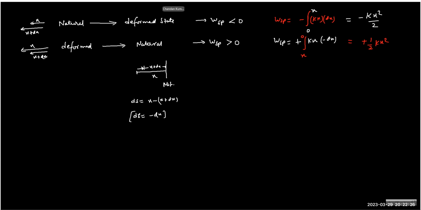Therefore dx is negative. When you write F dx, you write the magnitude, because we are taking the plus minus, so we know the direction. So we are writing the value F into displacement, which is minus dx. So work done by spring is kx squared by 2, plus or minus. Now when to use plus and when to use minus, you have to think carefully in the question itself.